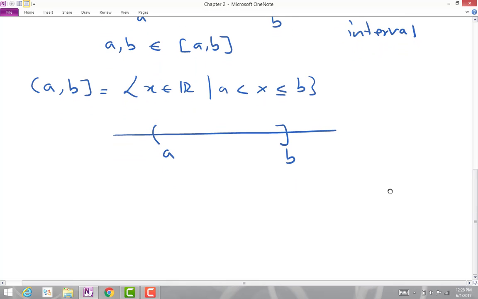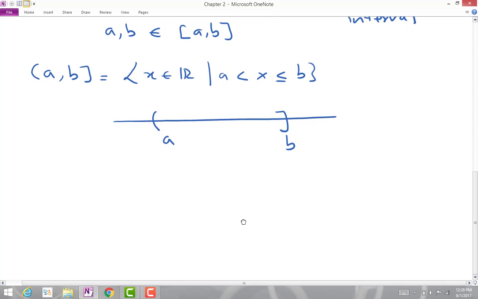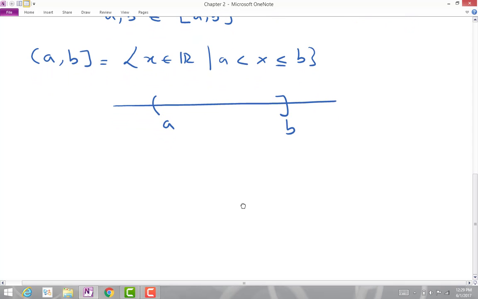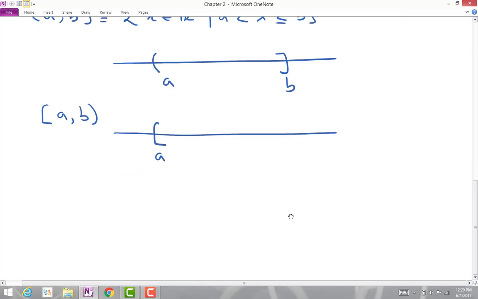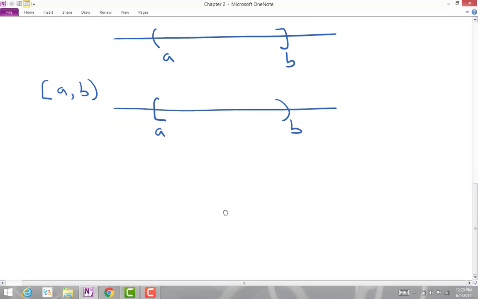And similarly, we can define a left closed and right open interval. I'm going to graph this interval. In this case, the left hand side is closed, and on the right hand side we have an open endpoint. Sometimes these are called half open, half closed intervals.